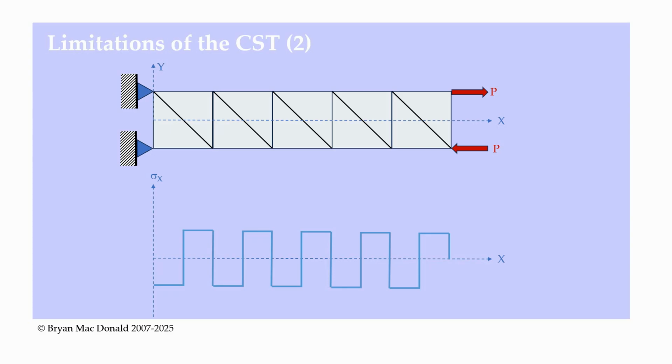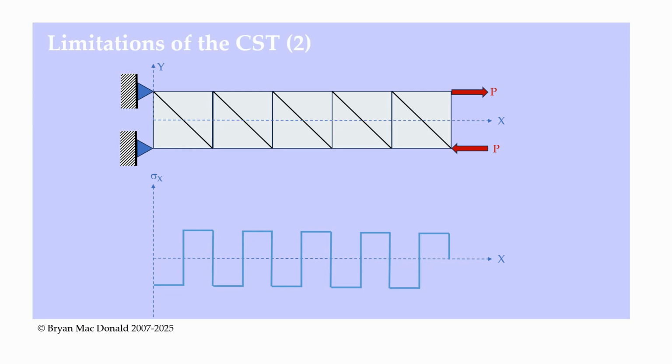They find it very difficult to model nearly incompressible materials where Poisson's ratio is approaching 0.5. So things like rubbers, hyperelastic materials, they find it very difficult to do that. And also we get a thing known as shear locking during bending as well. So it's down to the stiffness in bending problems.